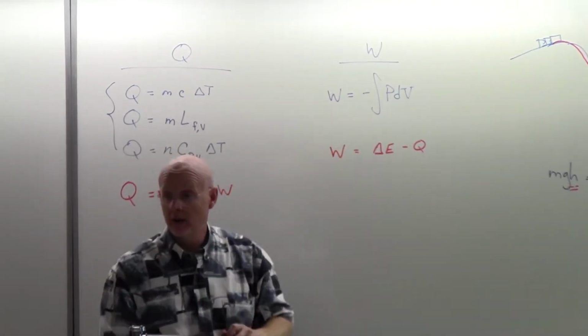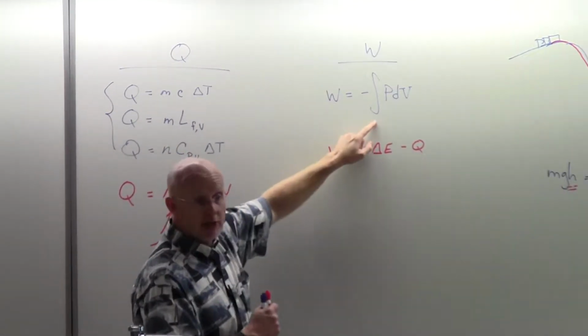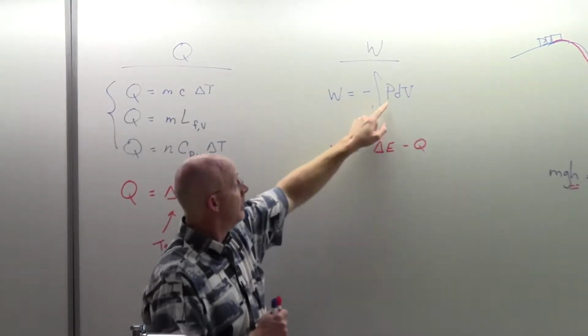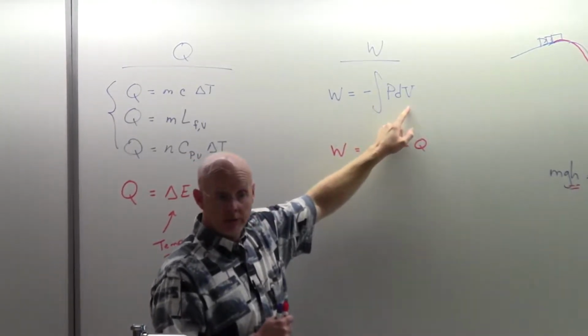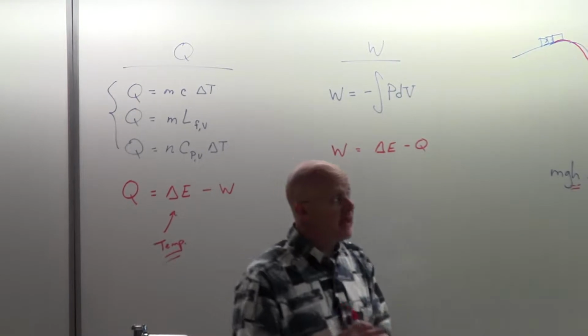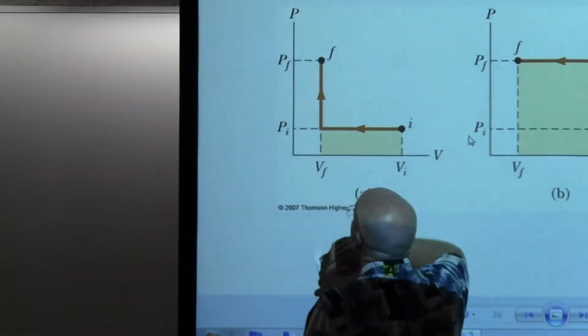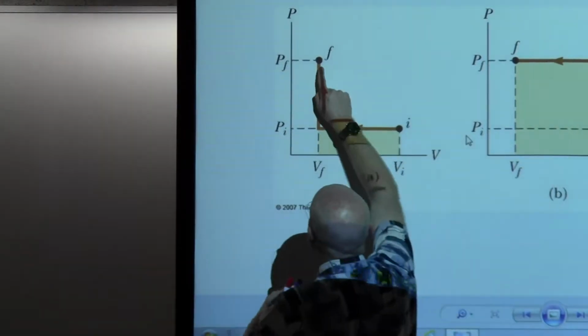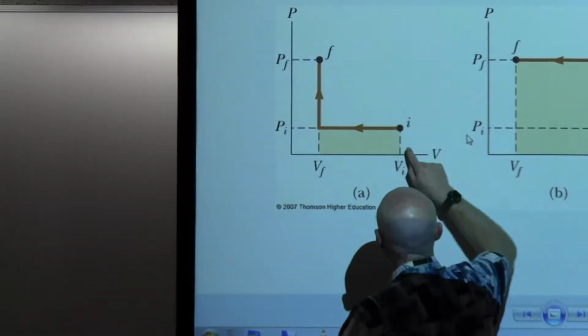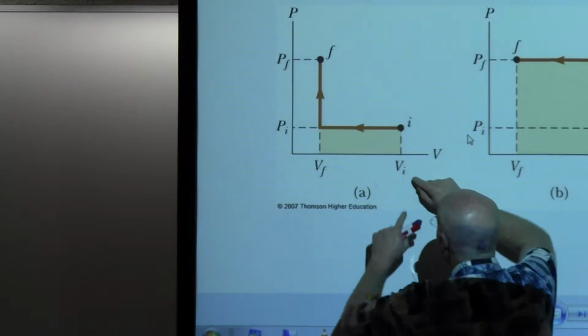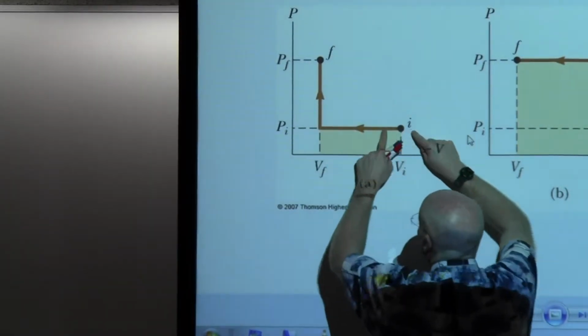Well, look at this. What is this saying? Work is what? Work is the integral of pressure and volume. And so if you have a plot, let's say this one here, and you say, I have a gas starting right here. That's what the i is for, initial. And so it's got initial volume and initial pressure.